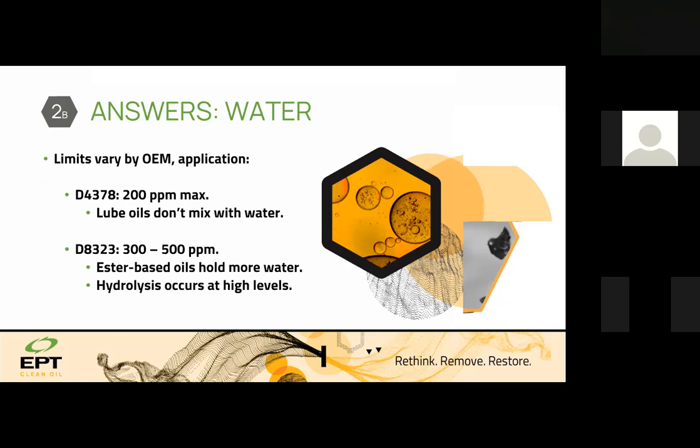Not more than that is recommended, because mineral oils don't have the capacity to keep more than this. And so we are worried about ester-based lubricants, which are used in some of the electro-hydraulic systems like fire-resistant fluid. Ester-based lubricants, some of them are used in compressors as well.